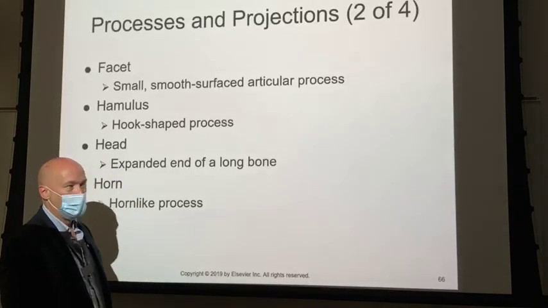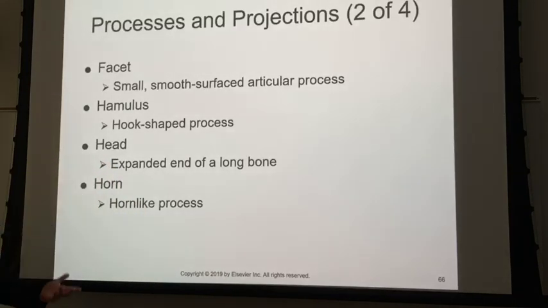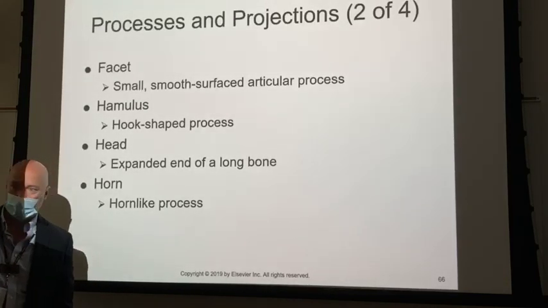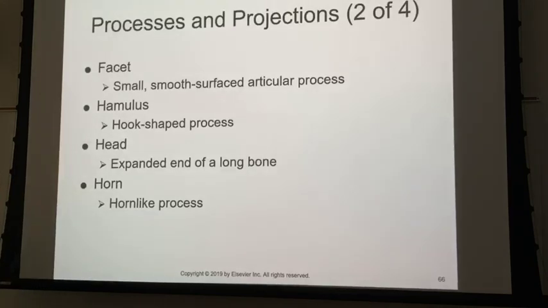You might have heard somebody having a facet injection, right? They've got constant back pain and some arthritis going on, and they inject some sort of steroid into the facet, or into what we'll call later in the semester the zygapophyseal joints.